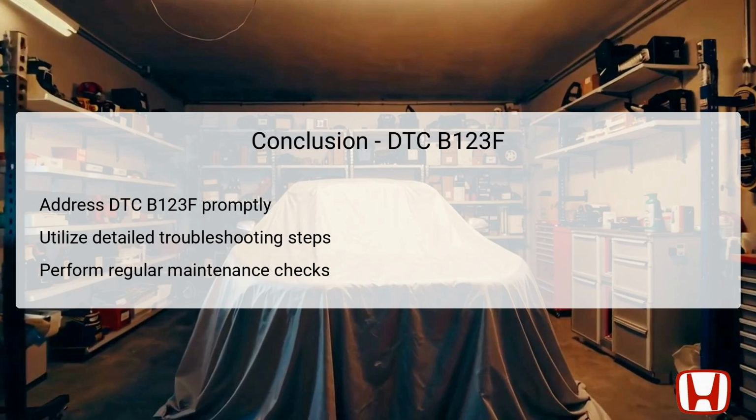Regular maintenance and periodic checks on sensor functionality play a vital role in preventing errors. Prompt attention to this DTC not only ensures the safety and performance of the vehicle during varying light conditions, but also reinforces the integrity and reliability of the vehicle's systems overall. By staying proactive, drivers can enjoy a smoother, more dependable driving experience.